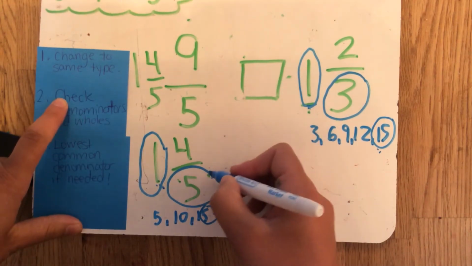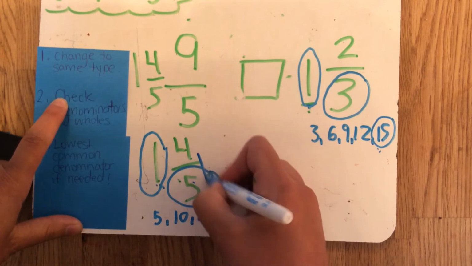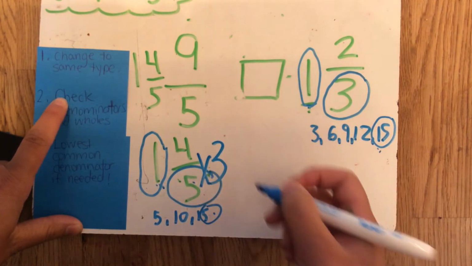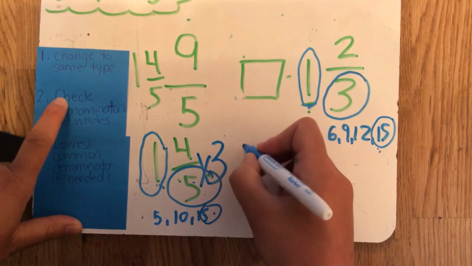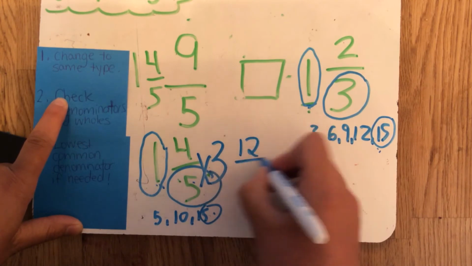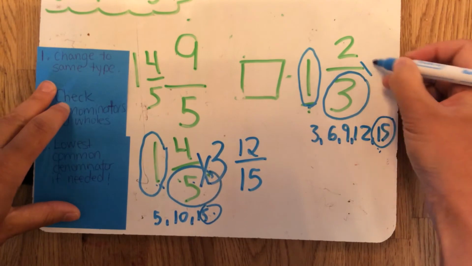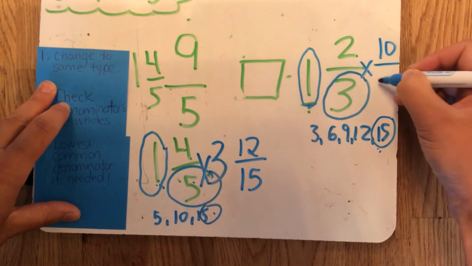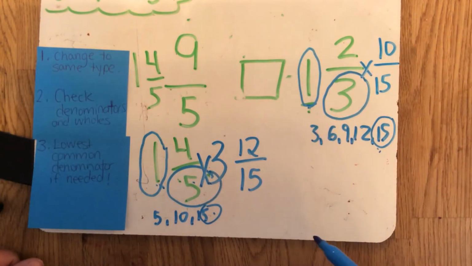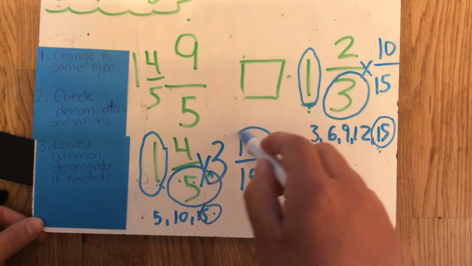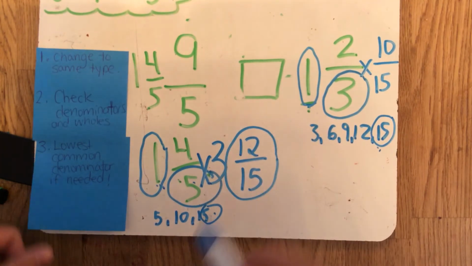All right, so this is all going to be 5 times 3 equals 15. So this will be 1 12/15. And this will be times 5, so this will be 1 10/15. So now we look which is bigger. The 12/15 one is bigger.